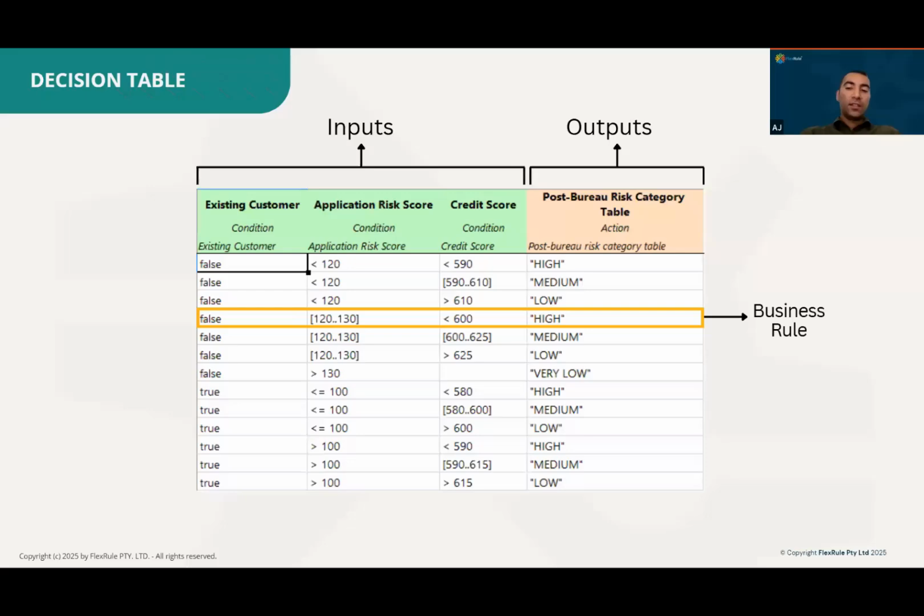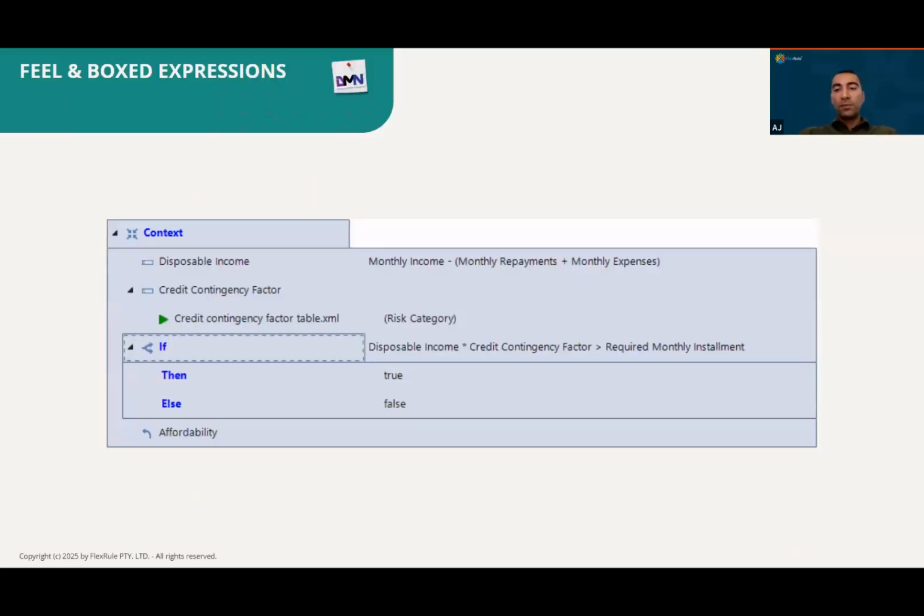The last component I'd like to cover is box expression. Box expression allows you to specify simple and complex behavior to implement decision logic which is not rule-driven. For example, calculating the amount of a monthly installment or determining loan affordability. Box expression, as the name suggests, uses expressions, and the expression language in DMN is called FEEL, Friendly Enough Expression Language.